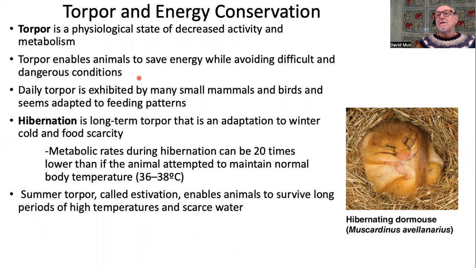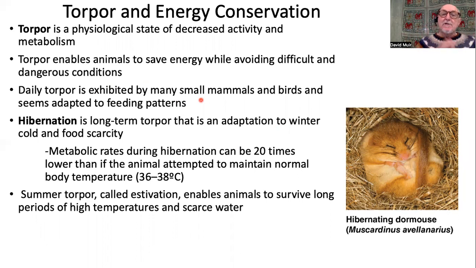And one of the things that small organisms like that do is, in the heat of the day, for example, they will shut down their metabolism. They will go into a state of very low activity. And that is a system called torpor.